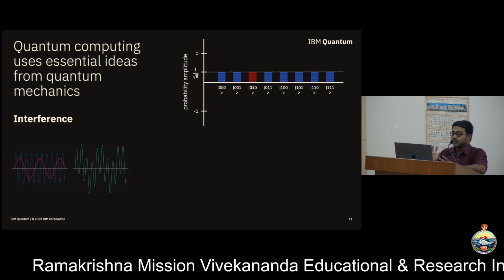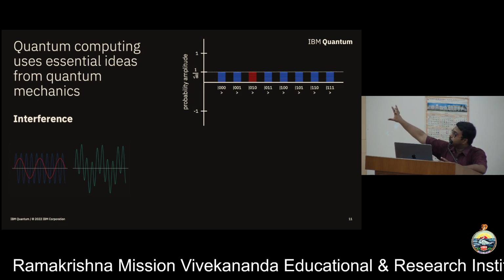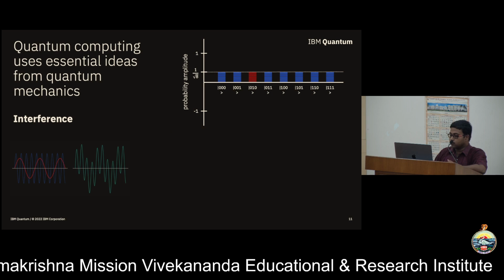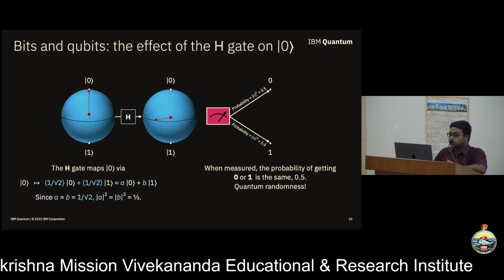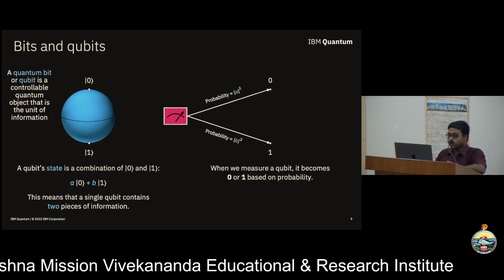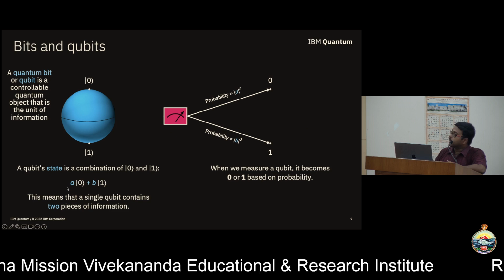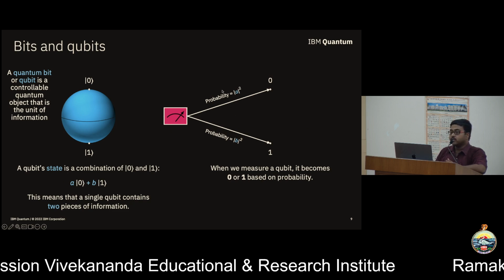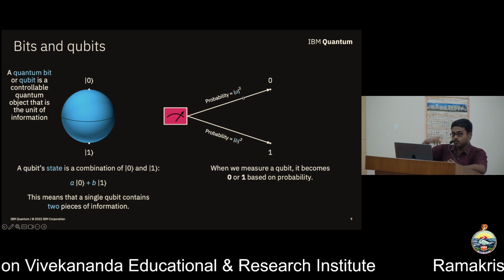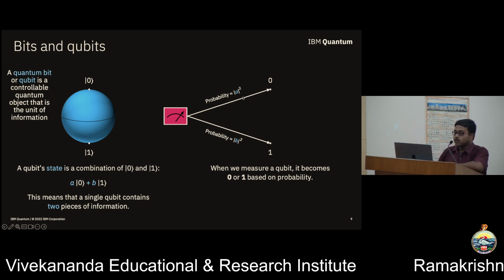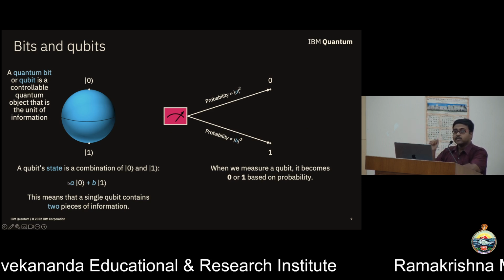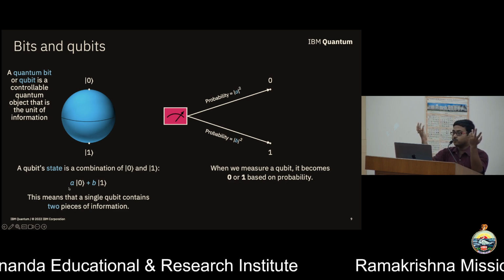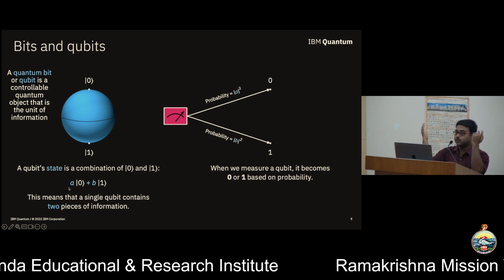If there are n things there, you will take order of n time to find it. But what we showed here is that if A0 plus B1 is your qubit, then the probability is A squared. So A is not the probability. A is, in some sense, the square root of the probability, and it's called the probability amplitude.